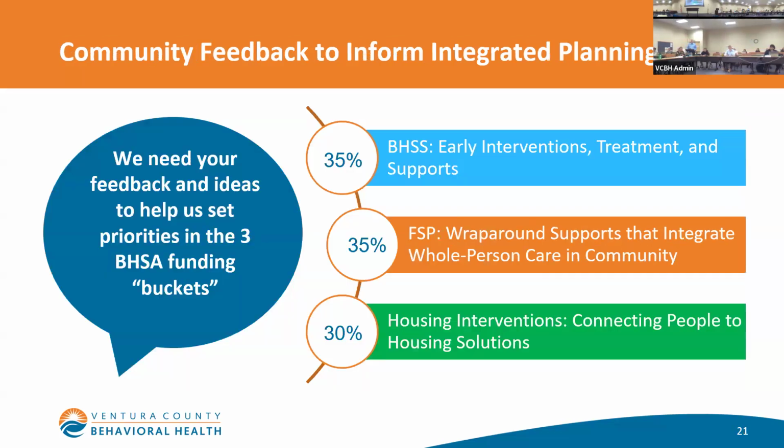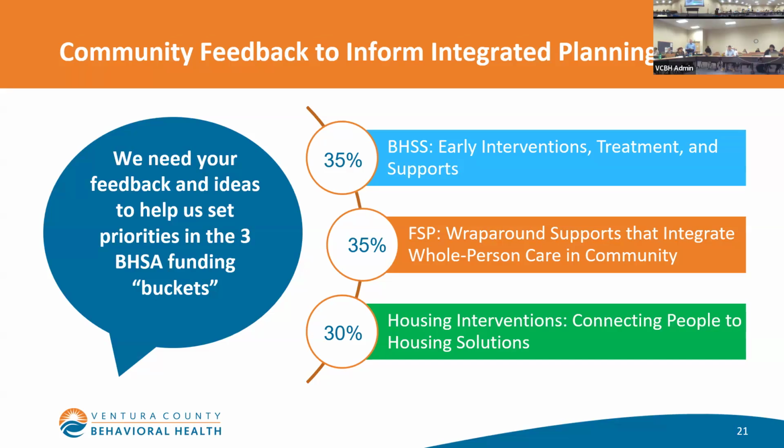Next slide. So, as has been explained, the state under BHSA is being a little bit more prescriptive about how money is spent and how it is categorized. So we will be talking in more detail in a little bit about the BHSS, the Behavioral Health Services and Supports, which is about early intervention, treatment, and supports.